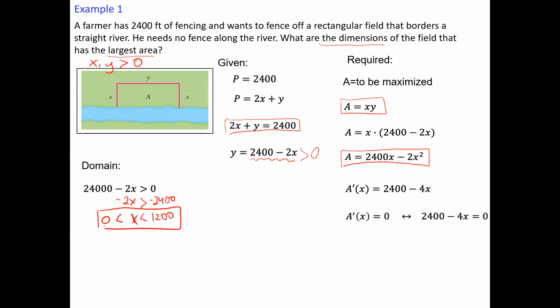So we have an open interval. x can only take numbers between 0 and no greater than 1,200, not even equal to 1,200, because if x is 1,200, then no fencing will be left for y. We definitely need a rectangle. That's an open interval.